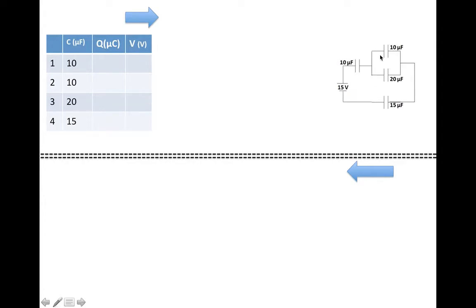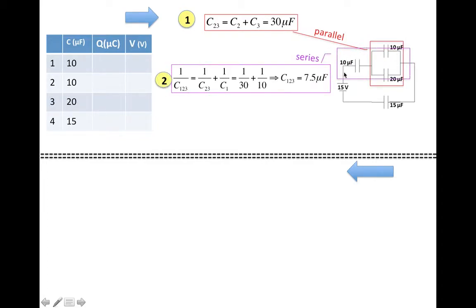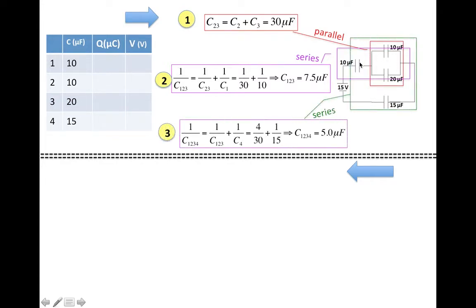So the first thing I do, I want to get these two first. Okay, so these are connected in parallel, and so I simply add them. That will give me 10 plus 20 is 30, and then I combine these three, which are now in parallel, in series, and then all of these together.